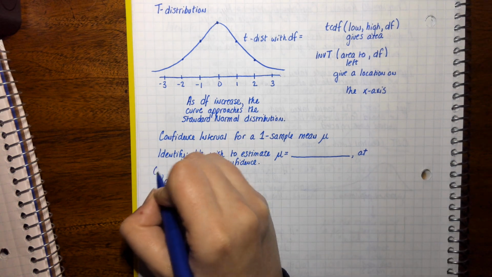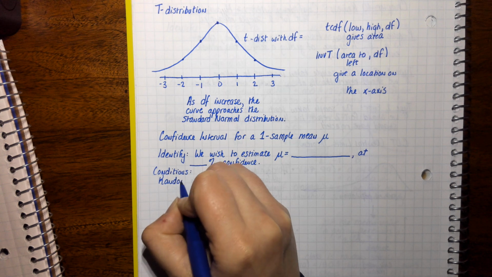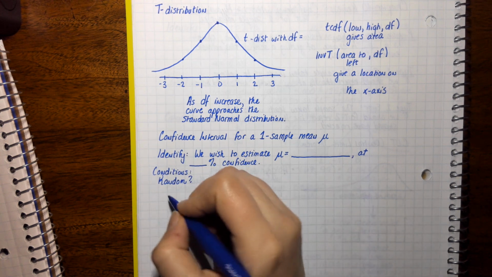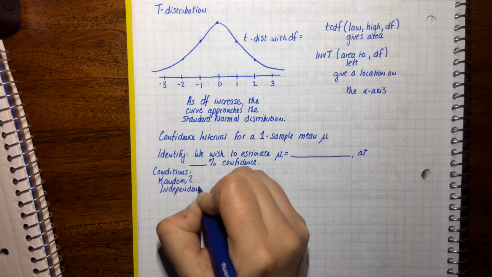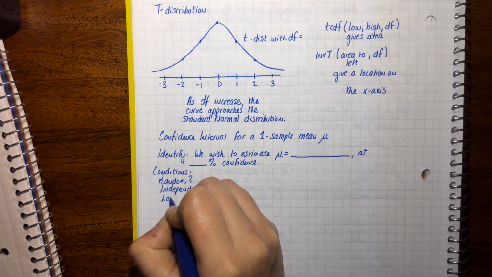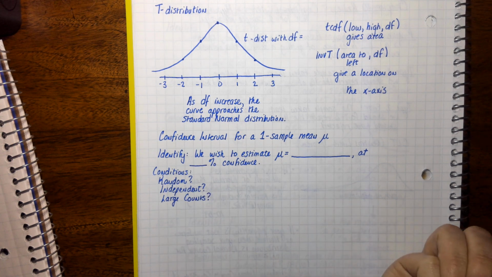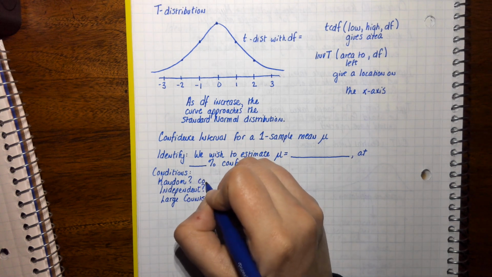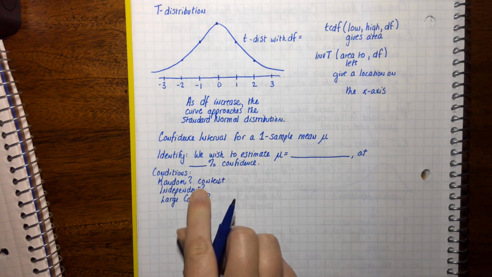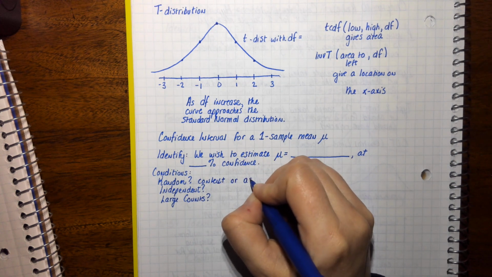Conditions: random, independent, large counts. Random comes from the context of the problem, or an assumption. Don't write the word context, please.